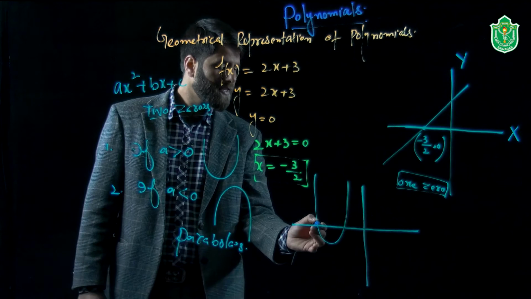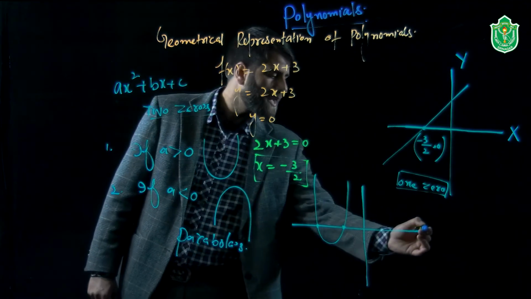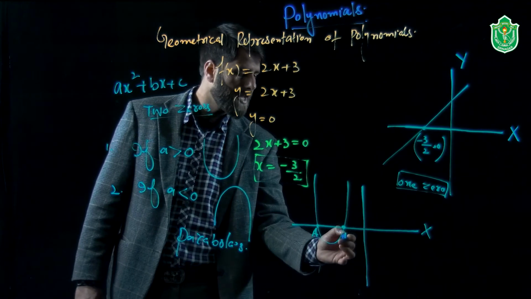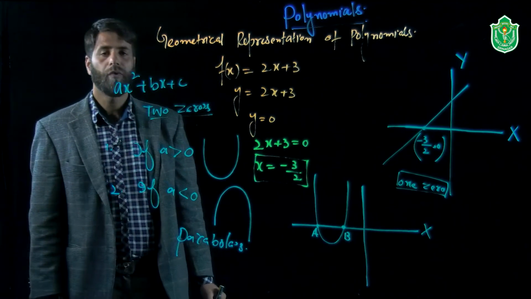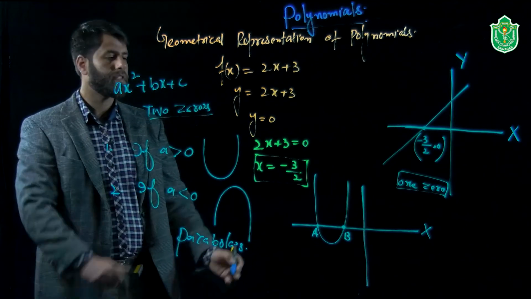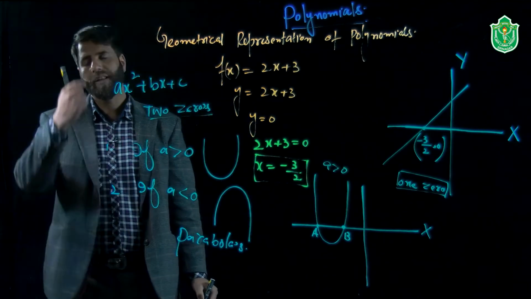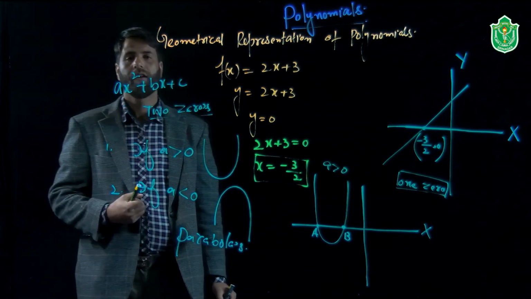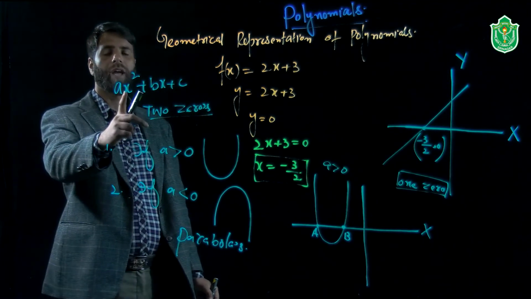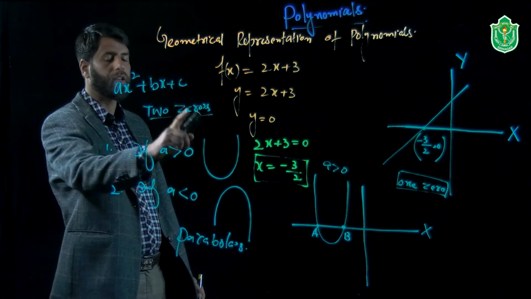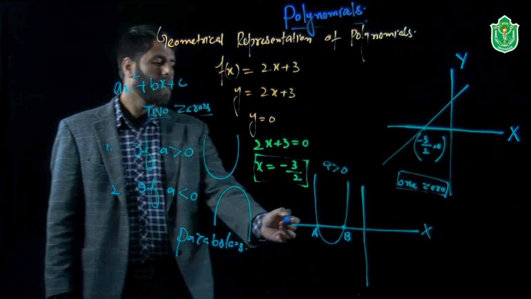It will intersect the x-axis at exactly 2 points, this point and this point. Suppose this is a and this is b. Which case is this? a greater than 0, so I will put here a greater than 0. The quadratic polynomial has two zeros. If a is greater than 0, you get a U-shaped curve, the upward parabola, like this.